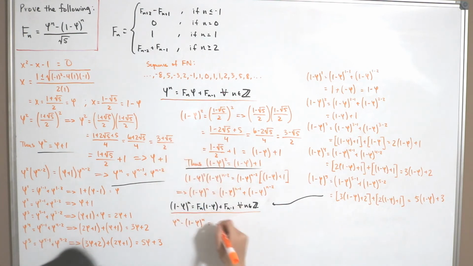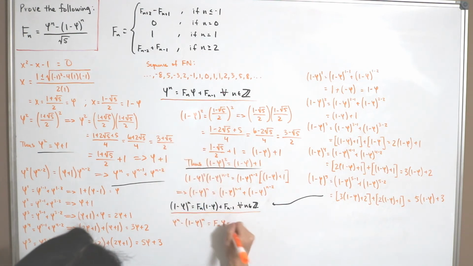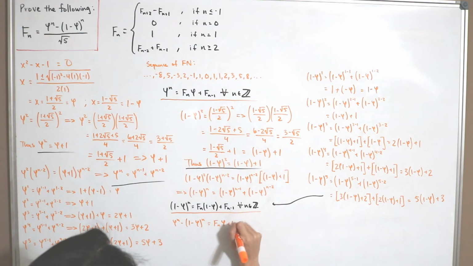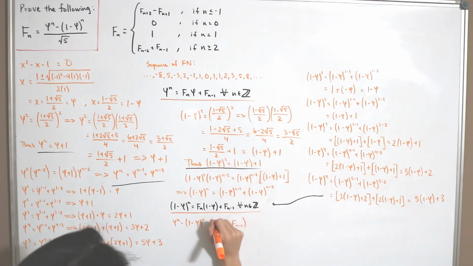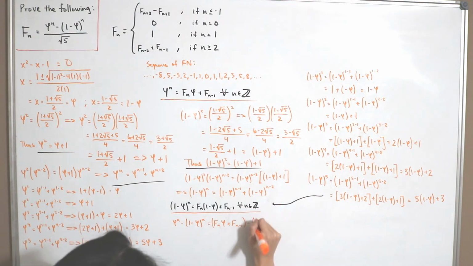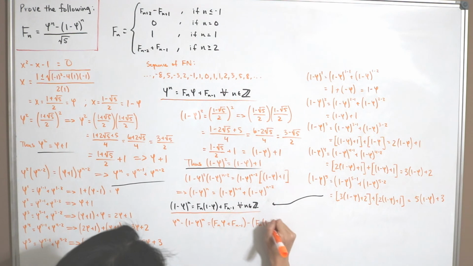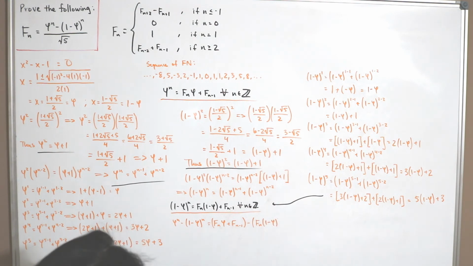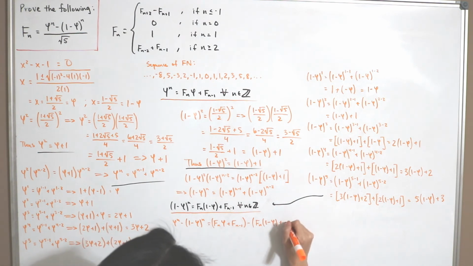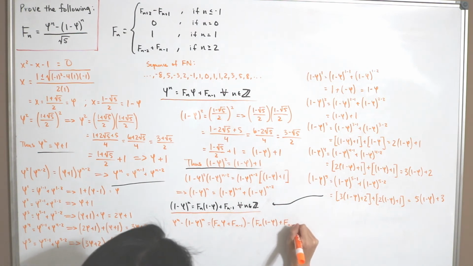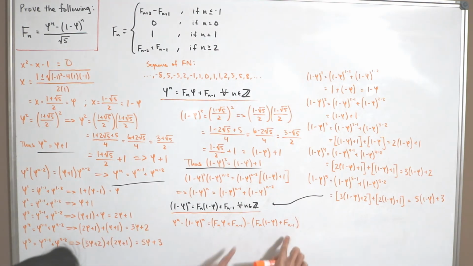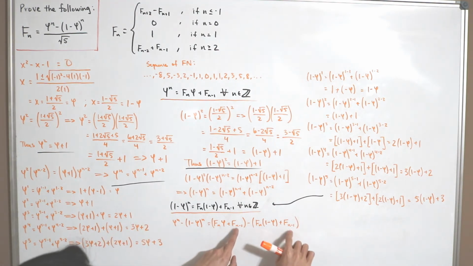That's simply equal to F sub n phi plus F sub n minus 1, written in parentheses, and then subtract that with, from over here, F sub n times (1 minus phi), and then add this with F sub n minus 1. And you'll notice that the F sub n minus 1 cancel each other out.